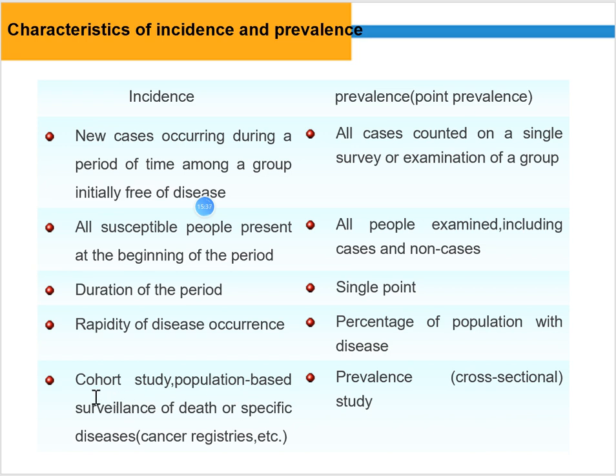Incidence comes from cohort studies and population-based surveillance of deaths or specific diseases, such as cancer registries. Prevalence rate comes from prevalence studies or cross-sectional studies.